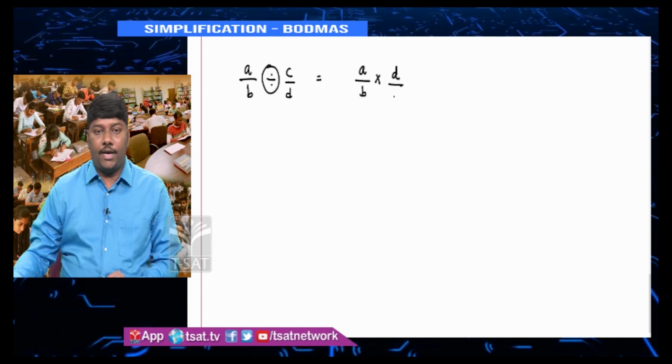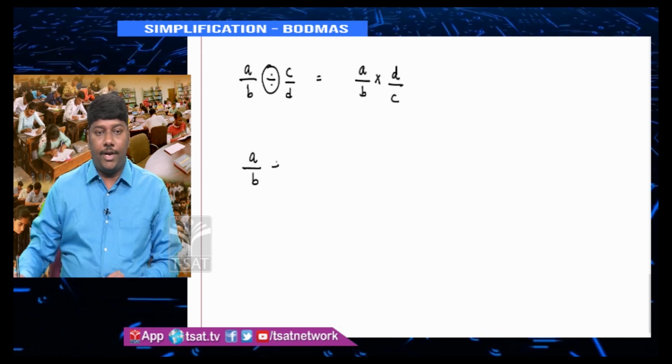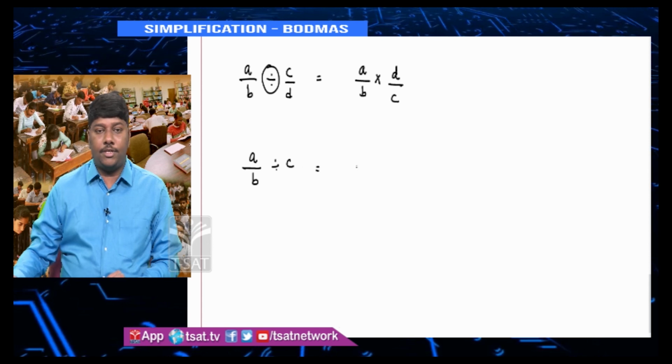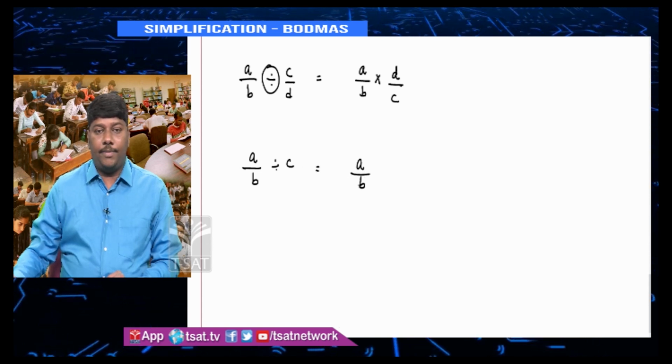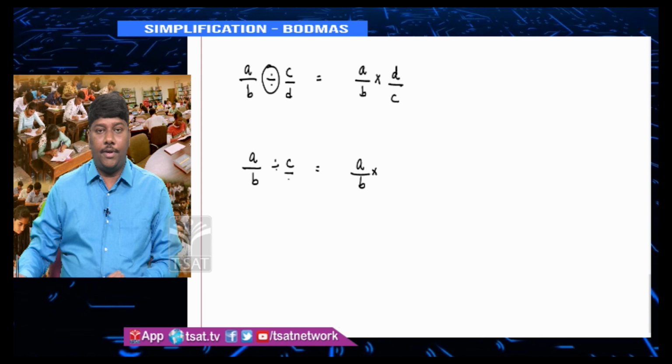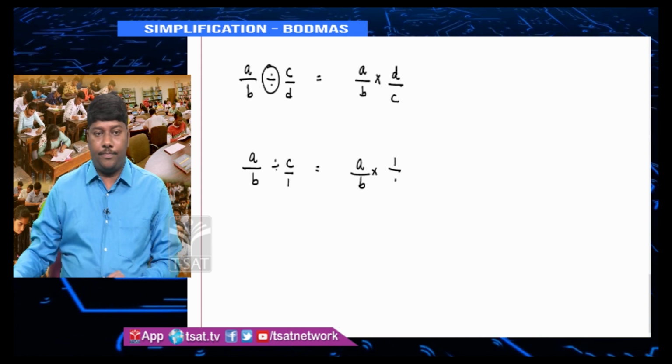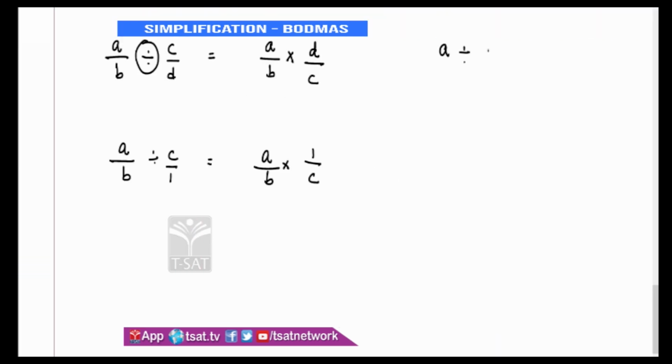So it becomes D by C. A by B divided by C: simply reciprocate the fraction, A by B into C by 1, so it becomes 1 by C. If you have A divided by B by C, simply reciprocate it, so it becomes C by B.